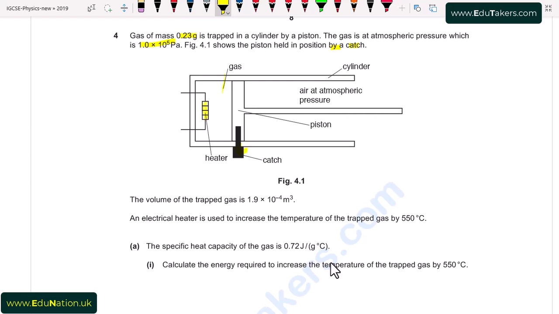Inside here is the gas and the piston, and the air is at atmospheric pressure. And these are the cylinders. The volume of the trapped gas is 1.9 × 10^-4 m³. The volume is given. The electrical heater is used to increase the temperature of the trapped gas by 550 degrees C.